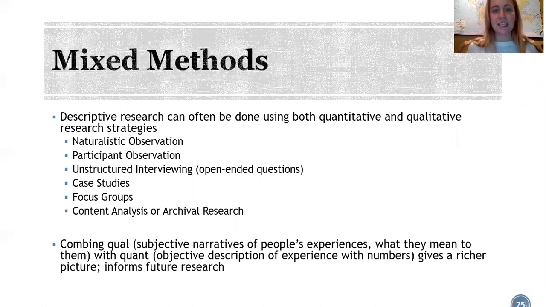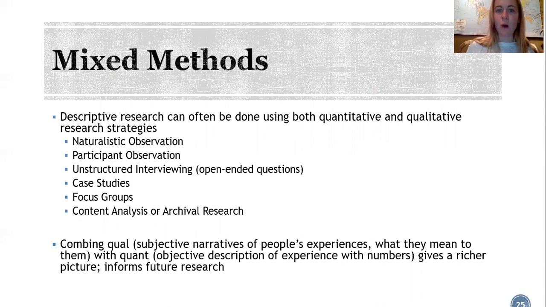So a lot of what we talked about today in descriptive research can be done with both qualitative methods and quantitative methods. Mixed methods is when we combine the two methods together.